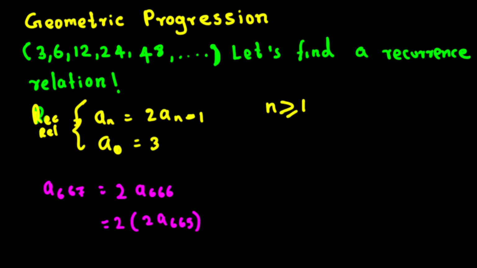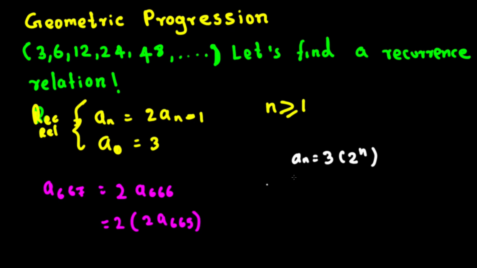But here you can use another analogy. If you look carefully, we can also write this as a_n equal to 3 times 2 to the power n. If you apply this, it still works, because 2 to the power 1 times 3 is 6, and 2 to the power 2, that's 4, times 3 is 12. So there's another pattern like this. In this way it will be easier to calculate bigger numbers.